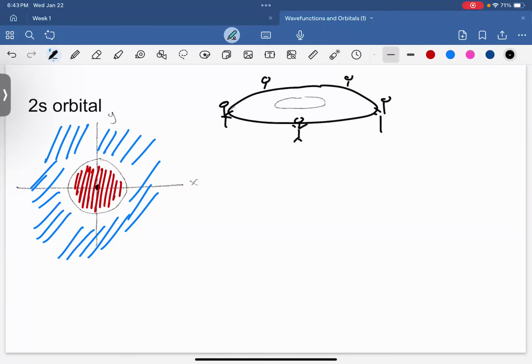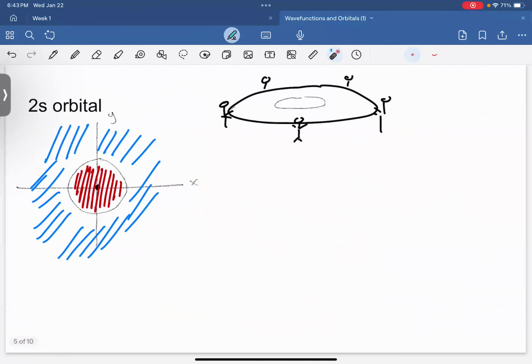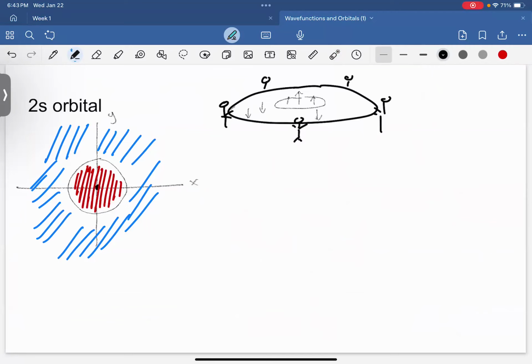You generate a harmonic, that's essentially the two-dimensional equivalent of this picture, where the center would be moving upwards while the outsides of the parachute are moving down, oscillating back and forth in that way.